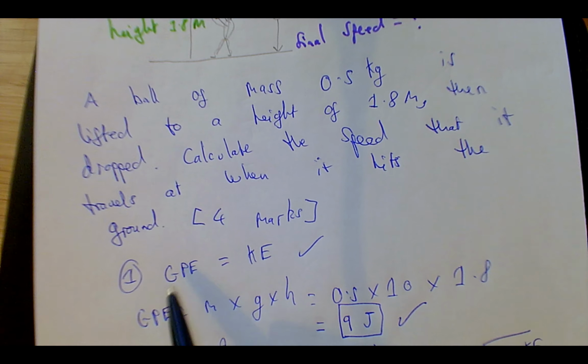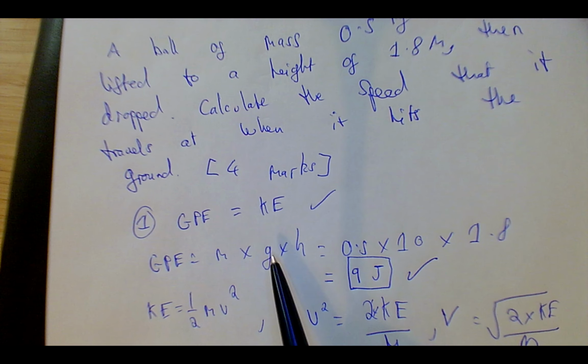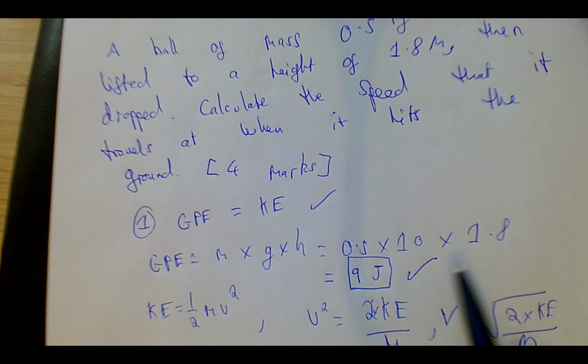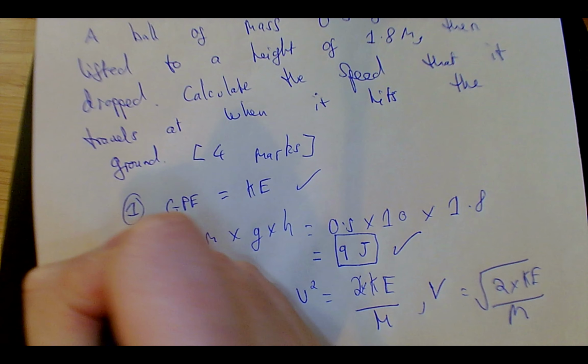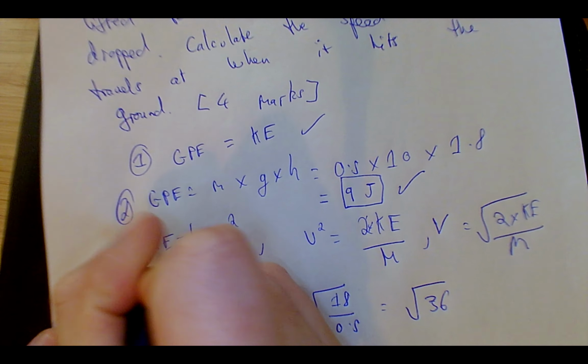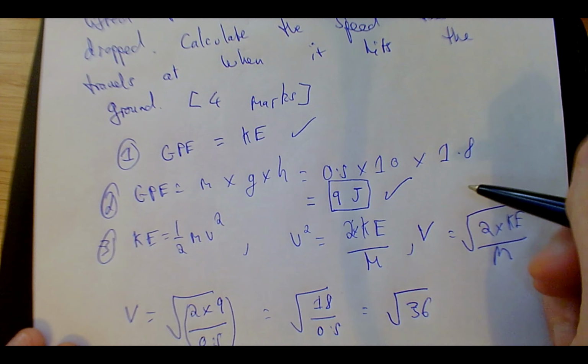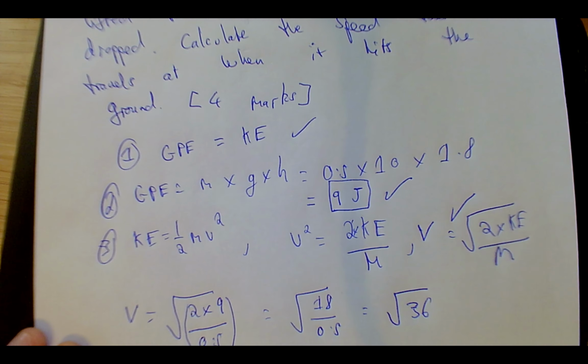Then our next step was to use the equation to calculate the amount of GPE. We substituted in the numbers and ended up with 9 joules. The next step was to use the kinetic energy equation, but we had to rearrange it, and that's where we get our mark.